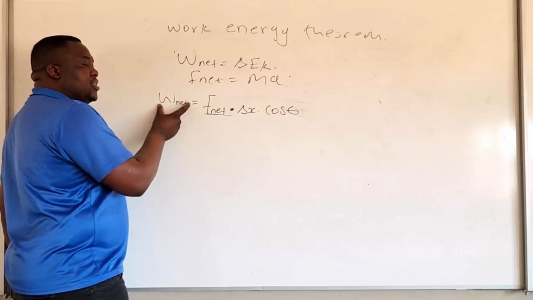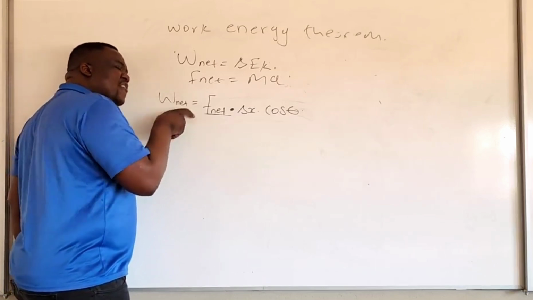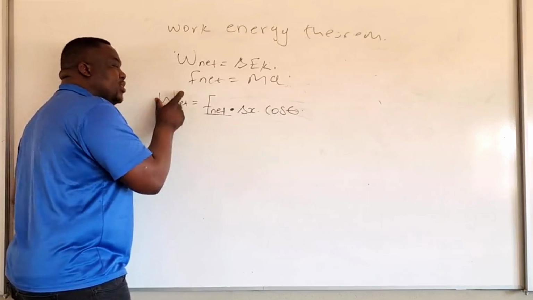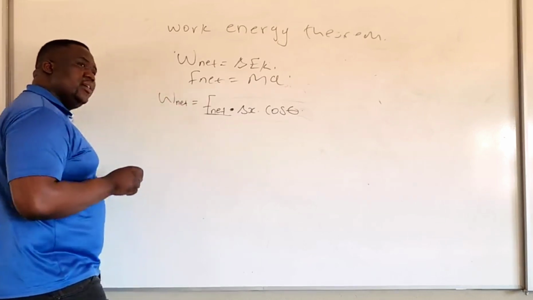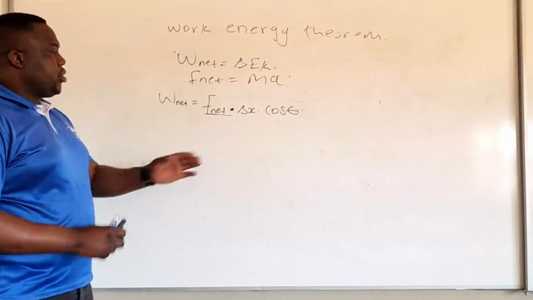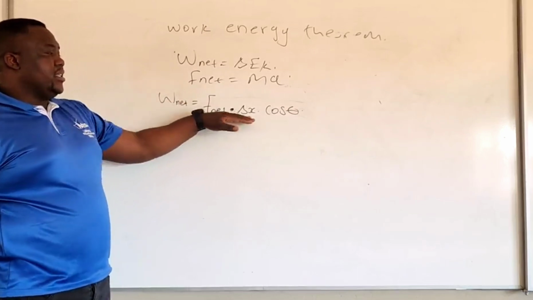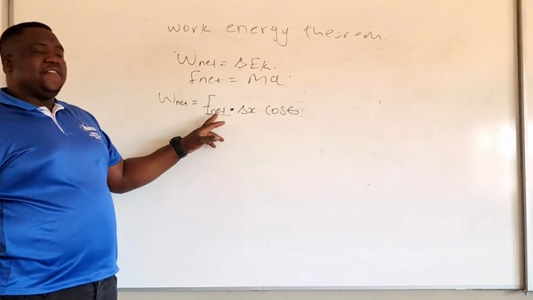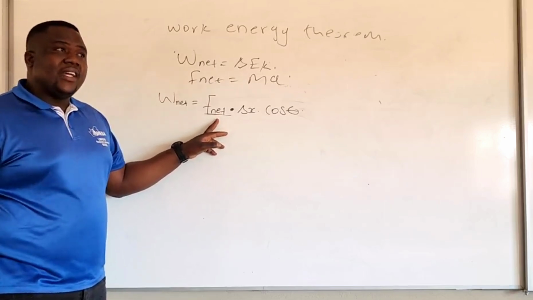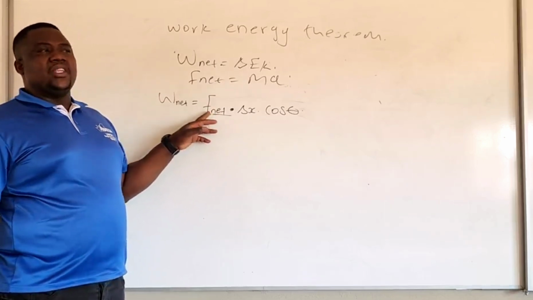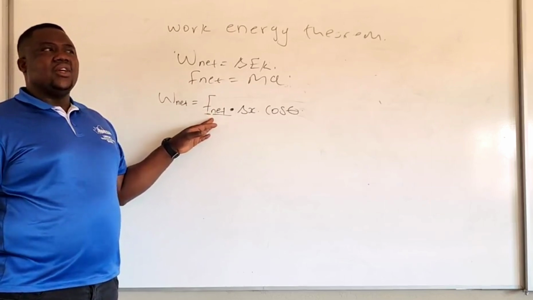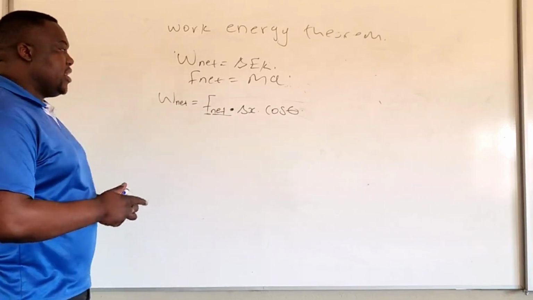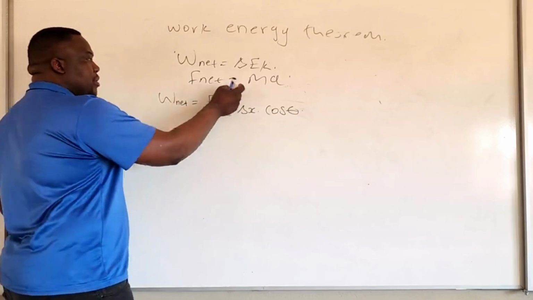We're talking about the work done by all the forces acting on an object. That's what work net is. Meaning that we can relate this formula of work net, as I'm showing you, that work net is equal to the work done by the F net. What is F net? F net is the sum of all the forces which are acting on an object. You understand? So it means we can relate this formula and this formula.